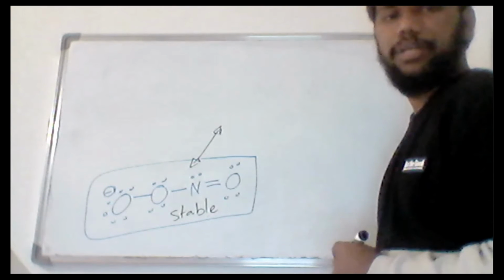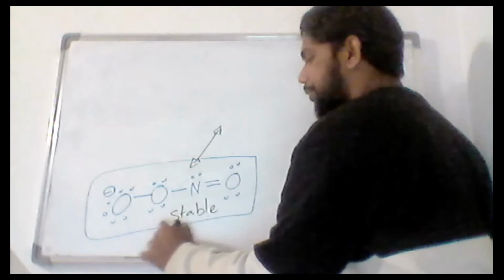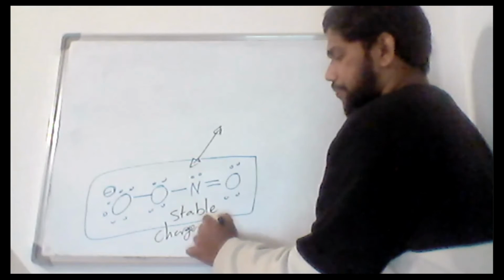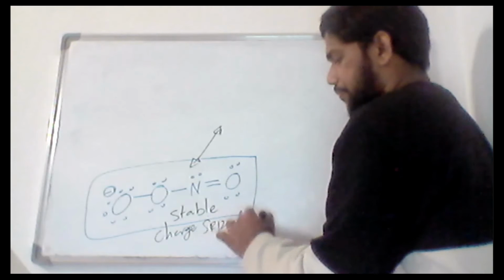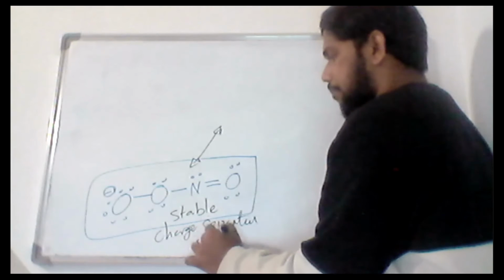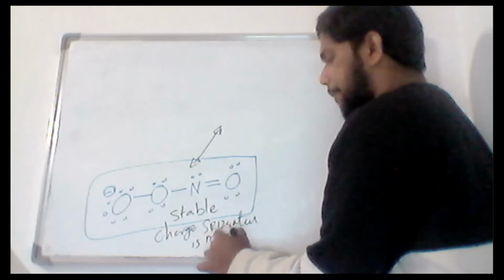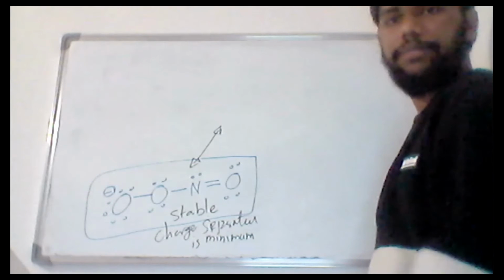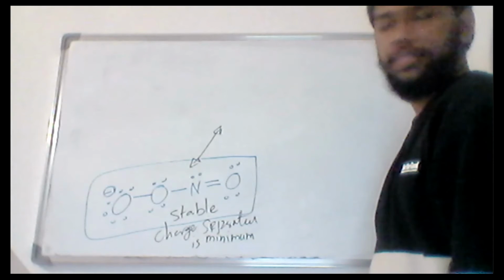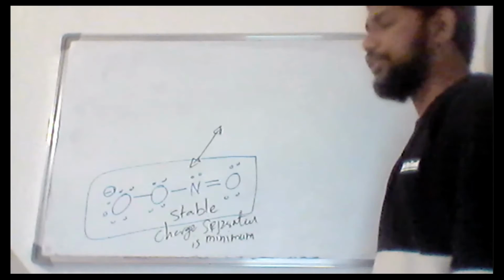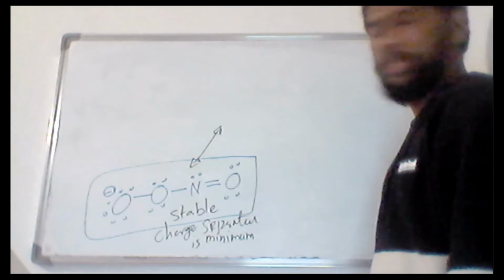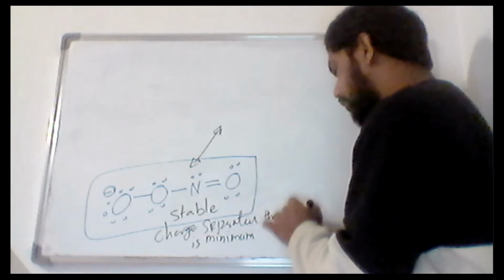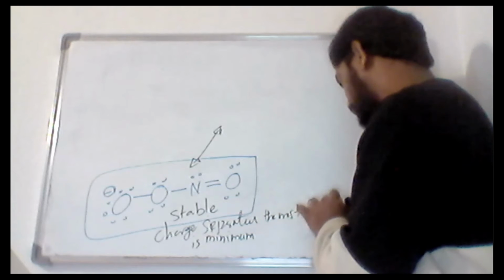Why is this stable? Charge separation is minimum. That is one. Charge separation here is minimum, because there is only a negative charge on oxygen. Okay, and you can write down the most electronegative atom.